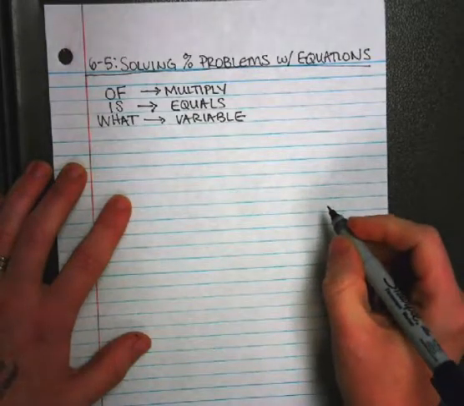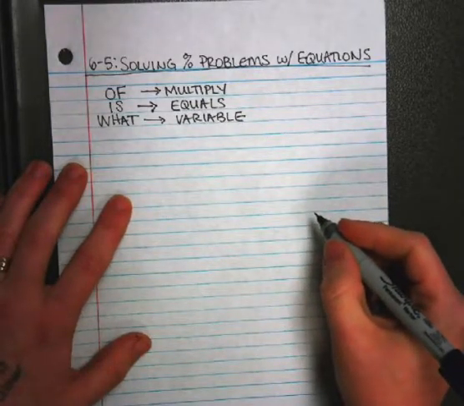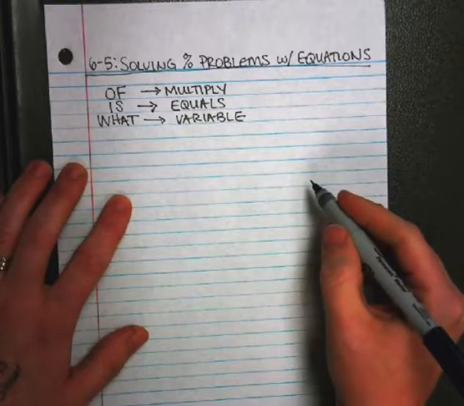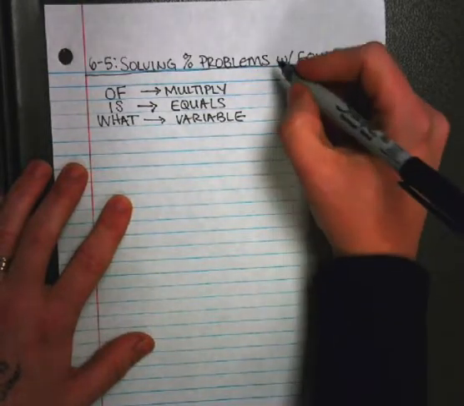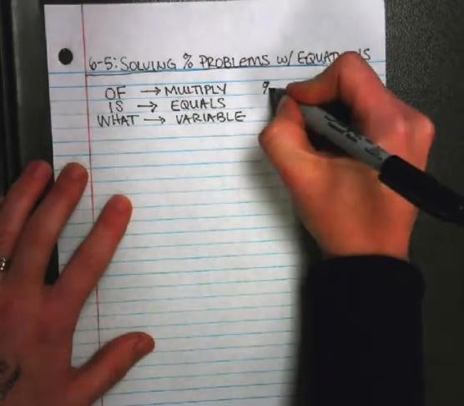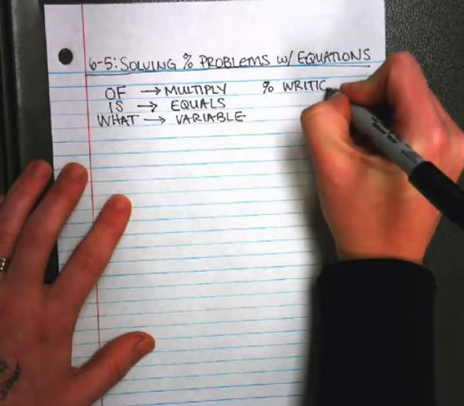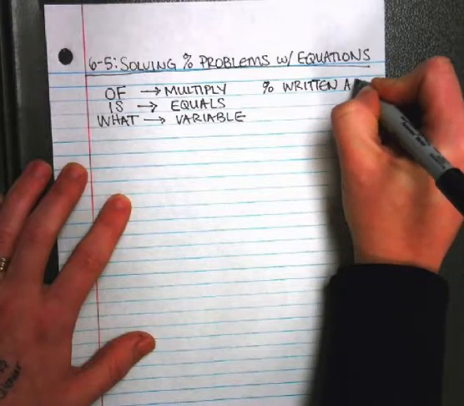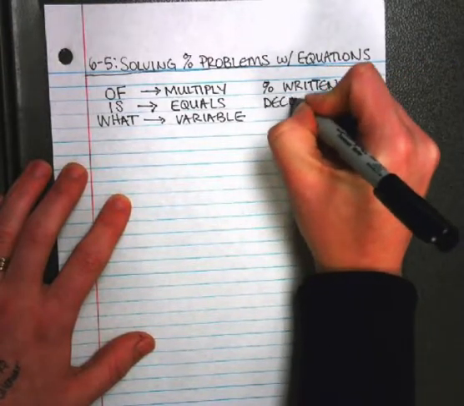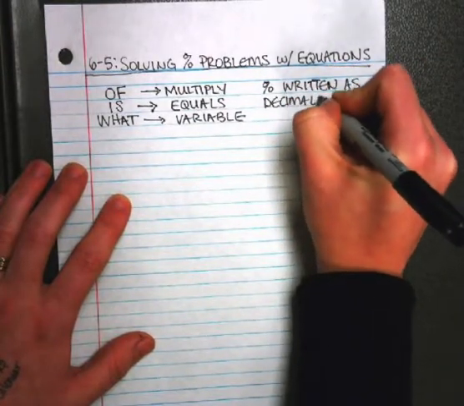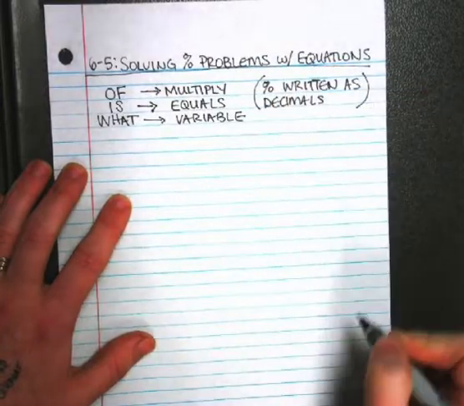Something to keep in mind also is when they give you a percent, we want to write it as a decimal, okay? So percents are written as decimals when we write them into the problem.